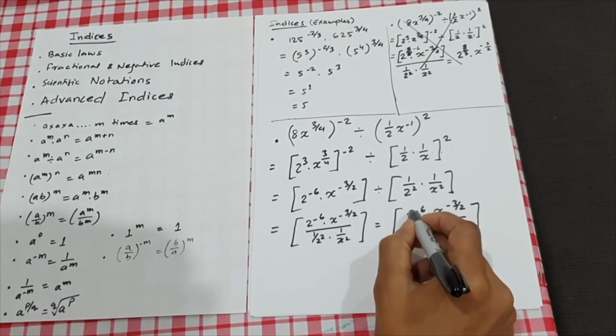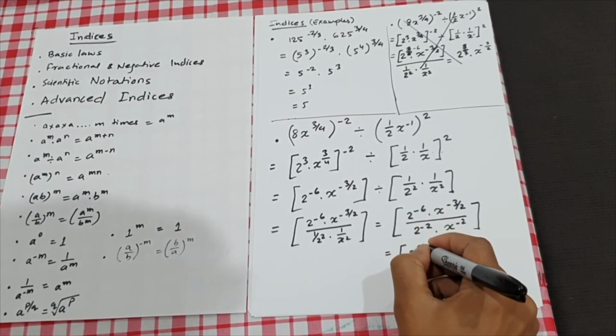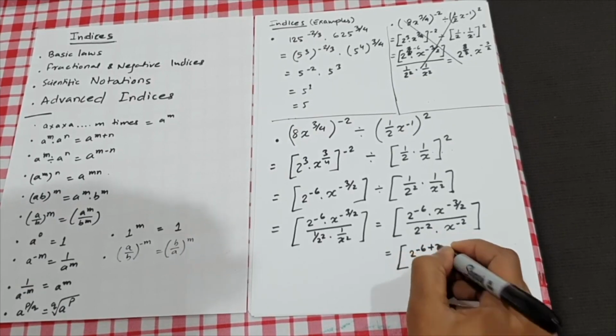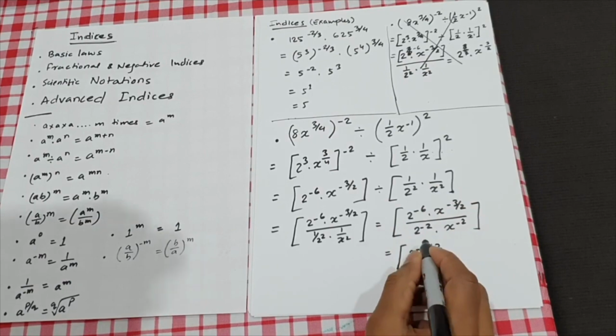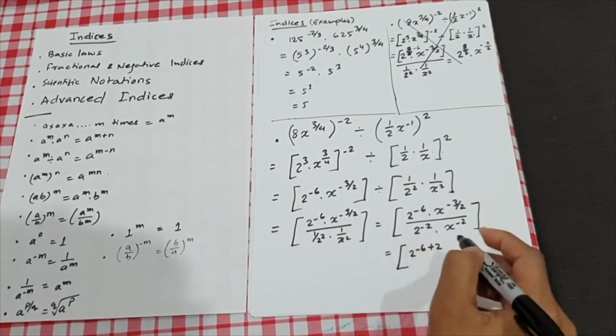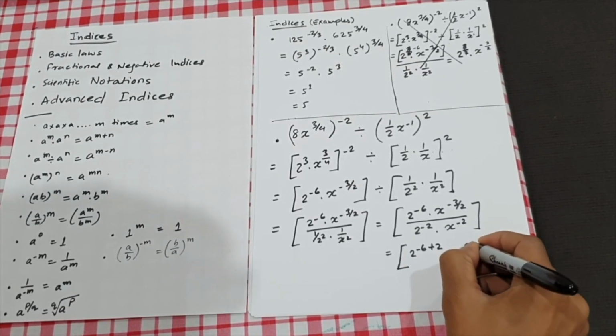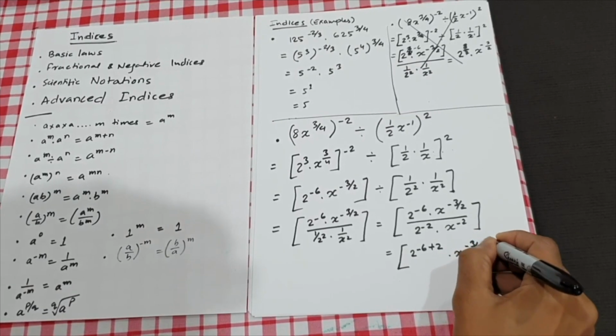Now, these two are similar quantities. So 2 to the power minus 6 plus 2, because it is divided. Remember, when you have anything divided, you do subtract. So minus of minus 2 is plus 2. Similarly, x to the power minus 3 by 2 plus 2.